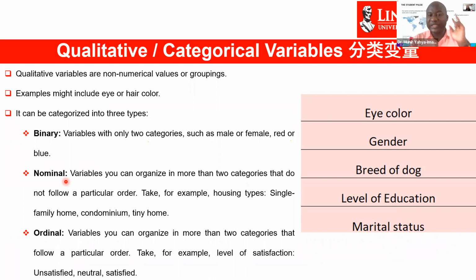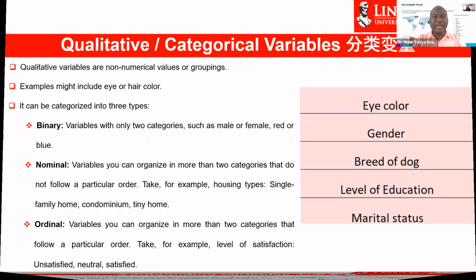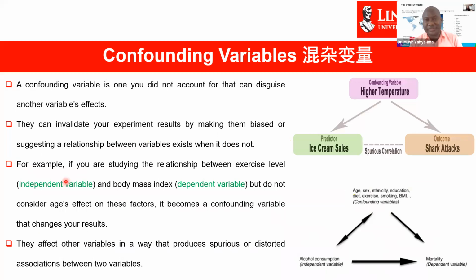But of course, it's more than two categories. Both nominal and ordinal are more than two categories, but nominal doesn't follow any particular order, but ordinal follows a particular order. So when you are selecting nominal or ordinal in your statistical data view, variable view, know when to select nominal or ordinal.